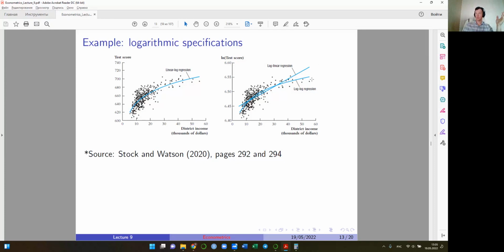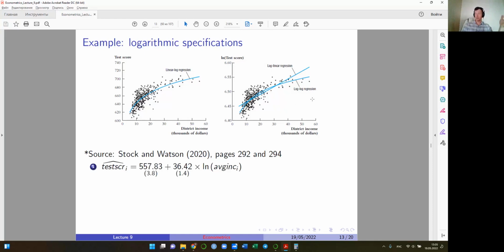But the log-log regression fits very nicely. Therefore, we can judge that either the linear-log regression or the log-log regression is more appropriate to model this data.